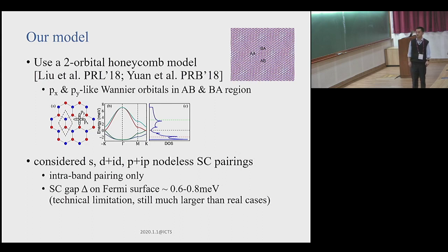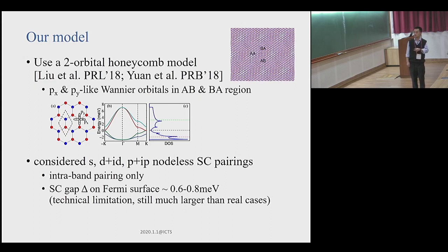I actually don't really know a good first-principles derivation of this model, but nowadays at least two groups, one group in China and Liang Fu's group, use this kind of model. The band structure is not really that flat, but the energy scale is very small. The hoppings for this tight-binding model are around a millielectron volt.